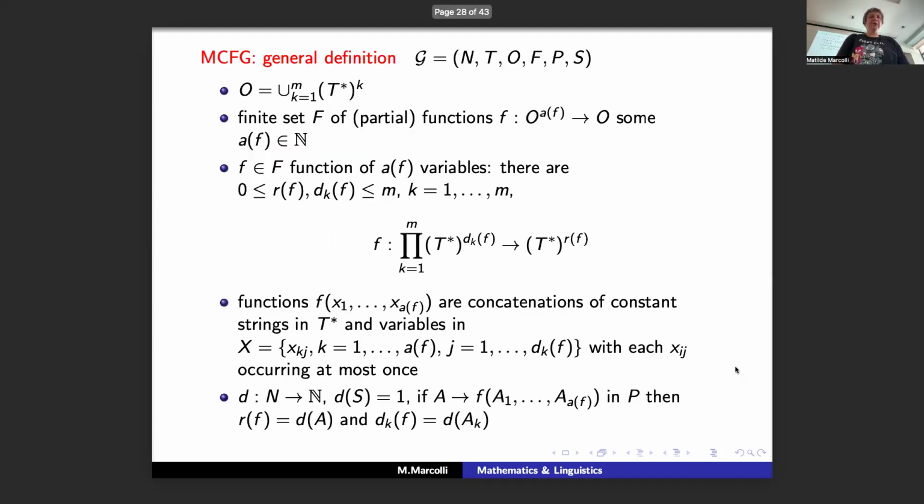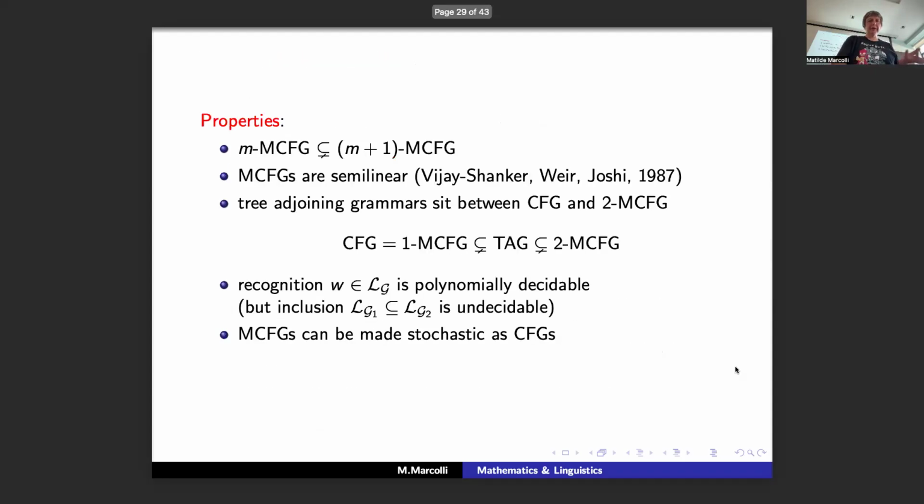The production rules would be like those for context-free grammars, but now you also have composition of functions on these vectors of grammars that can combine some of them together. This class was one of the things people were looking at for generalizing the context-free class, but not generalizing it too much. It's related to the tree adjoining grammars. Okay, I'm going to stop here and I'll continue next time.